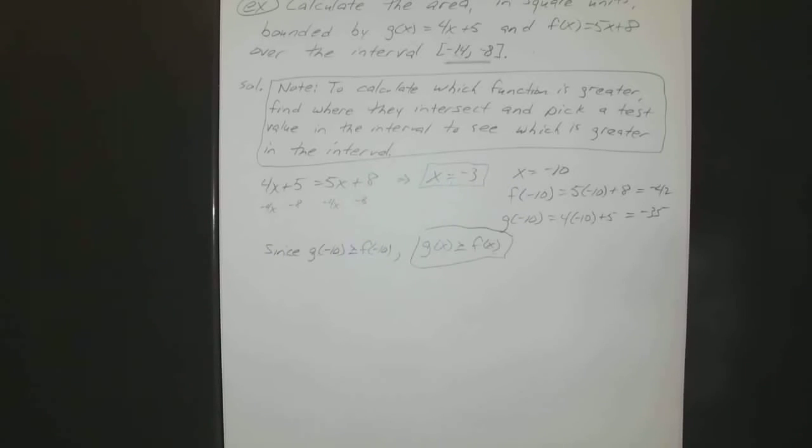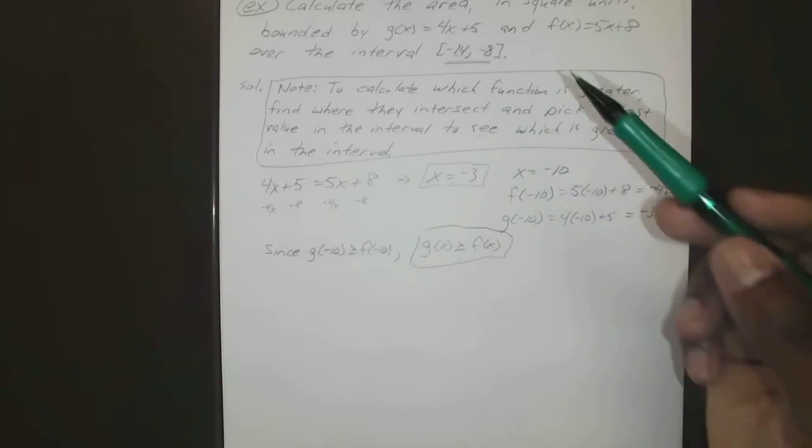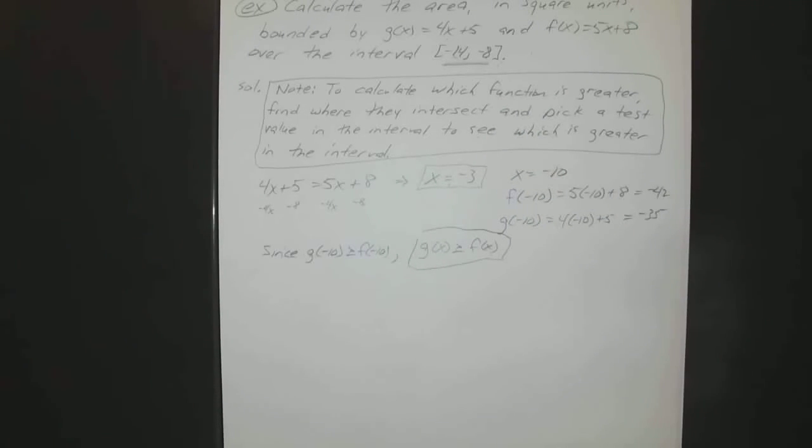So even though x is -3 at the intersect, that just means it intersects beyond our interval. Exactly. It pretty much means that at x equals -3, f of x or g of x becomes larger than the other. That's the only time when they're the exact same value.